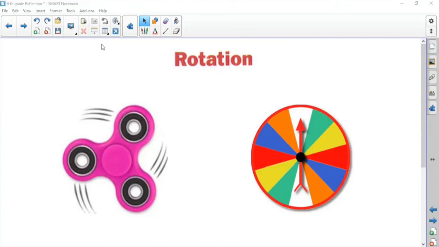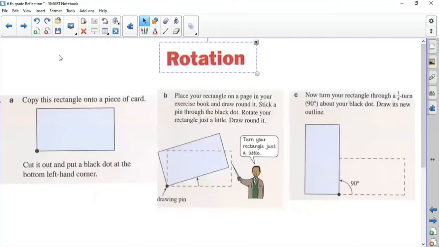Rotation is a turn. To understand it better, you have to do this activity now. You will draw a rectangle in your notebook. You can draw a rectangle like this. Then you make one of the vertices your point. The same rectangle you are going to cut out of paper.